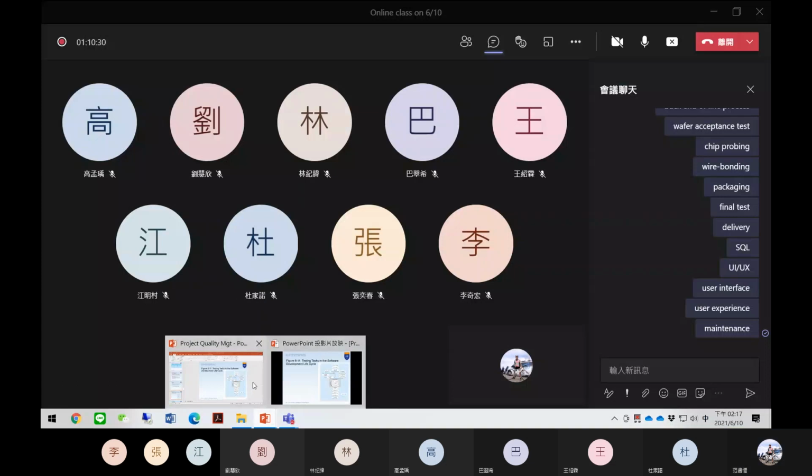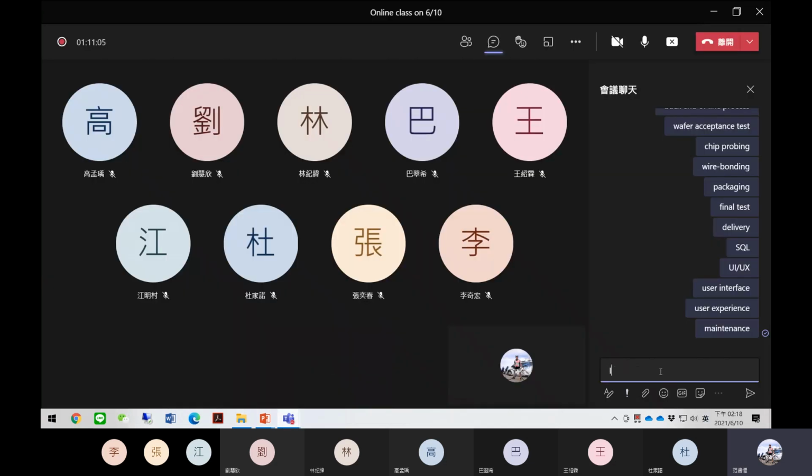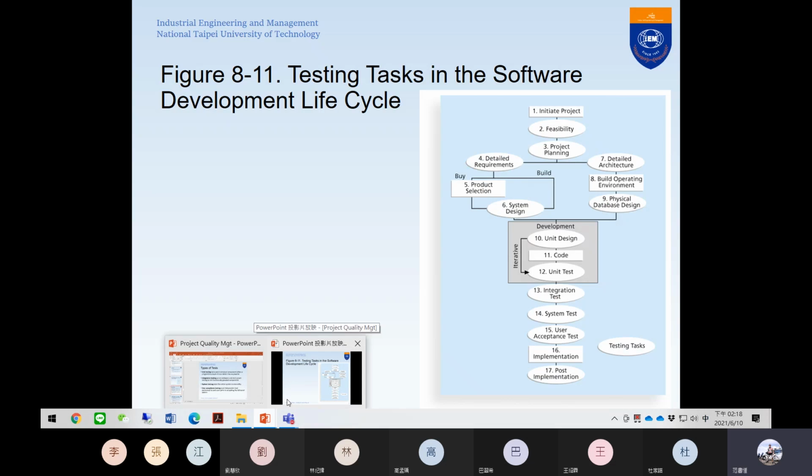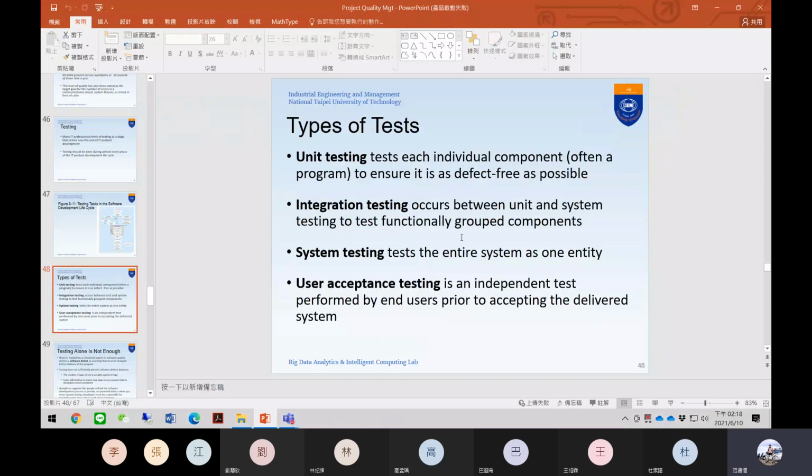Okay, so the types of tests. Unit testing tests each individual component, often a program, provided by the designer, in semiconductors known as the IC design house, to ensure it is as defect-free as possible.